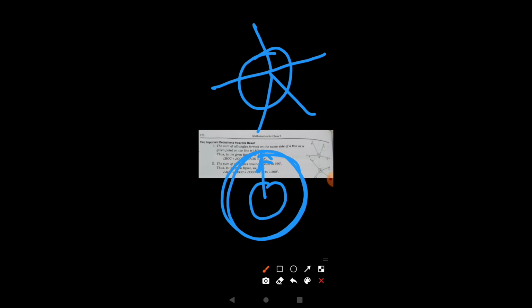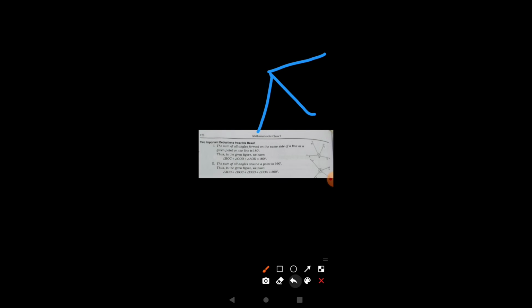This angle is called a complete angle of 360 degrees. The same here: if a complete angle is divided into some parts, meaning there are some angles, maybe 3, 4, any number of angles, the sum will always equal 360 degrees.